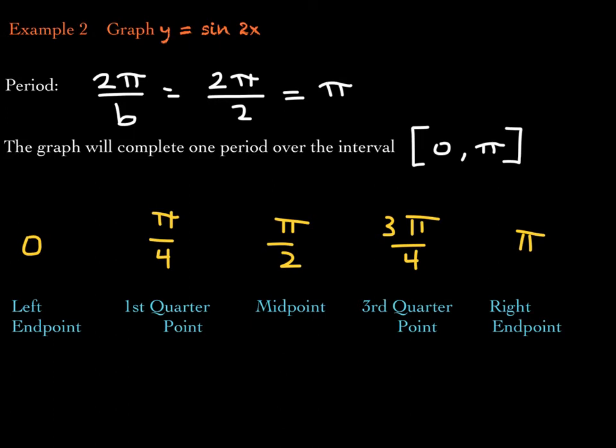So we want to be smart as far as what we're plugging into our function. We don't want to just plug in whatever we want, although we could because the domain is all real numbers. We want to plug in the values for x that will give us in return the maximum, the minimum, and the x-intercepts, so then we can just draw the curve through those important points.